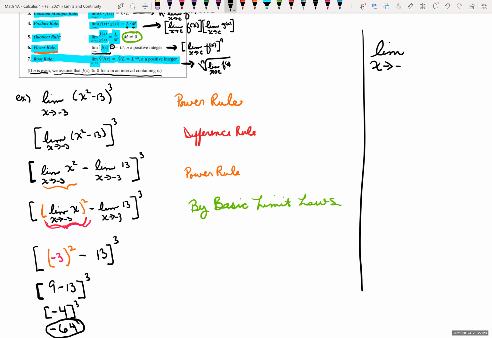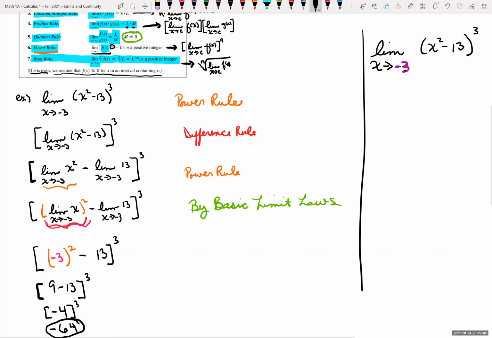So look at this limit. Let's go through the same problem: as x approaches -3 of x squared minus 13, cubed. Let's look at this by just using direct substitution, and wherever we see an x, we're going to replace it with this -3.